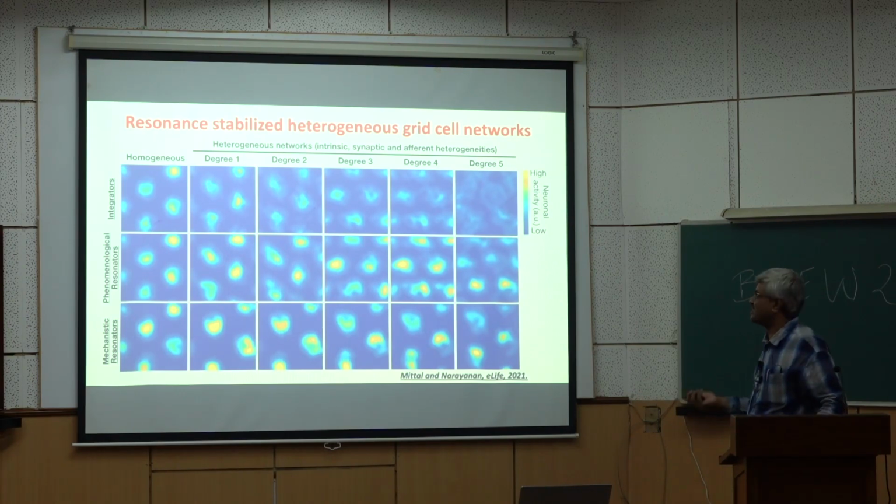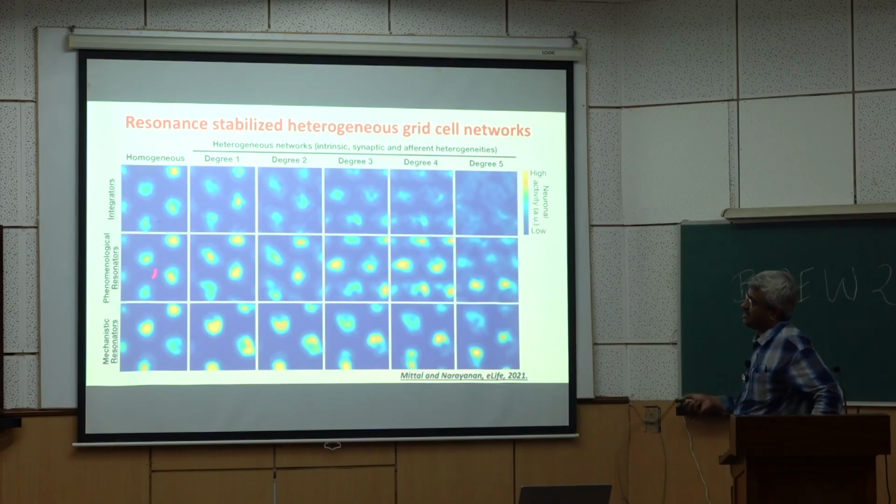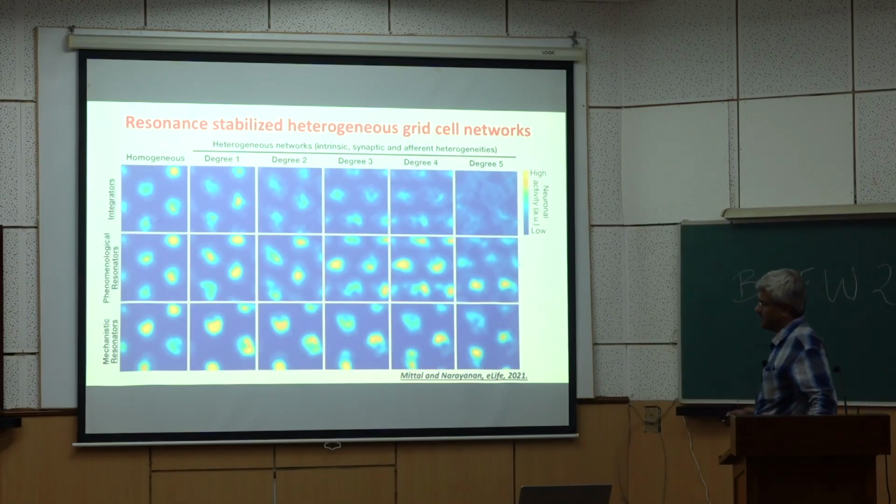And so it turns out that the intrinsic properties of neurons, having them as resonators as opposed to integrators, can give you computational benefits which you never thought you could have with just integrators present over there. And here it doesn't matter. You could increase the level of heterogeneities and you still get stabilization over here basically.